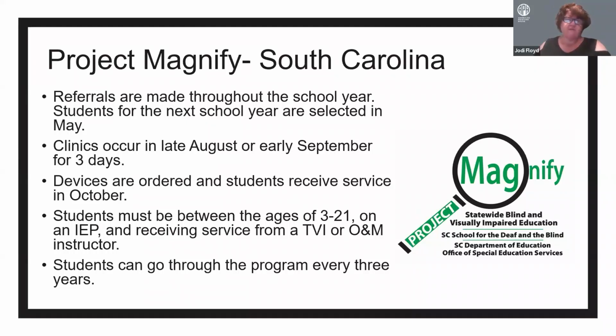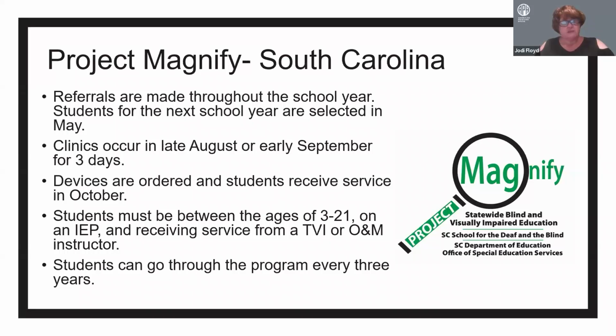We do have a form because we only can accept 30 students because of funding. We often have more than 30 students apply. We have a form that we fill out as we meet as a team to rank students based on different needs that they have, so that we prioritize having individuals come into our low vision clinics.